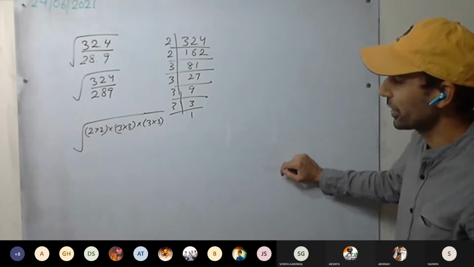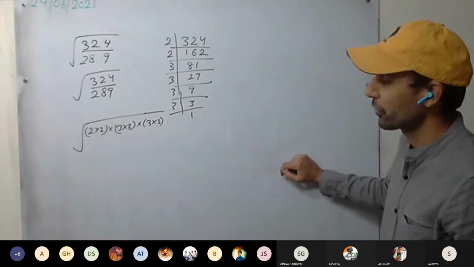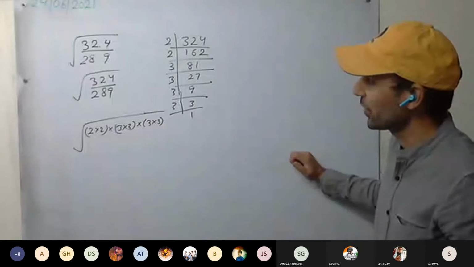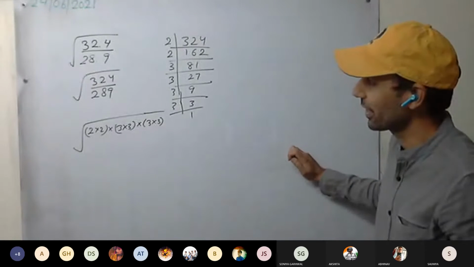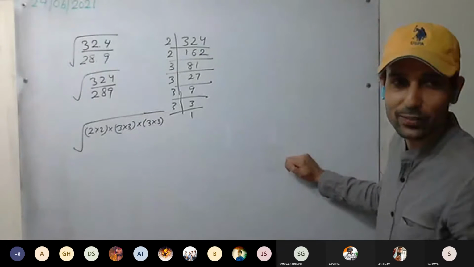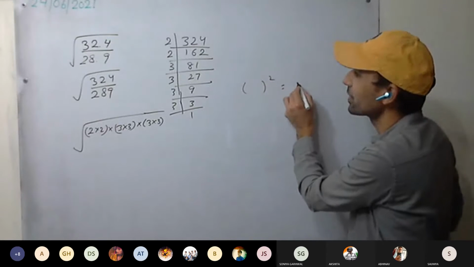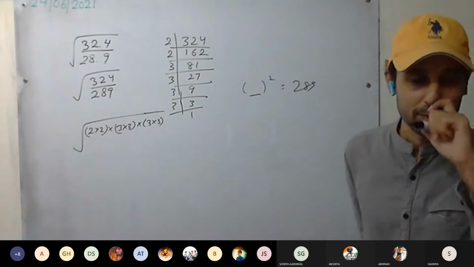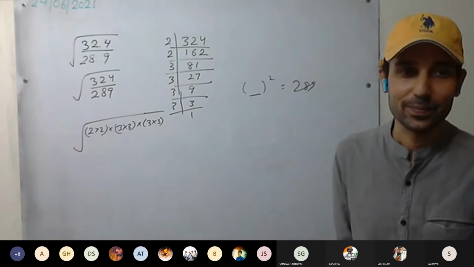This one is not divisible by 2, 3, 5, not by 7, not by 11, not by 13 as well. So which number's square is equal to 289? What will be the answer?